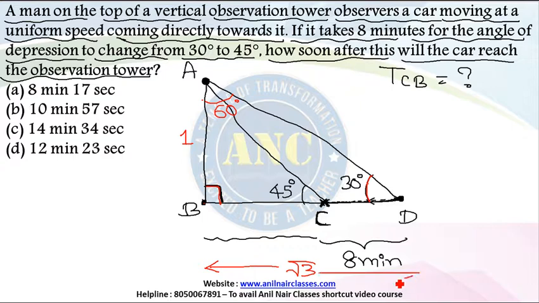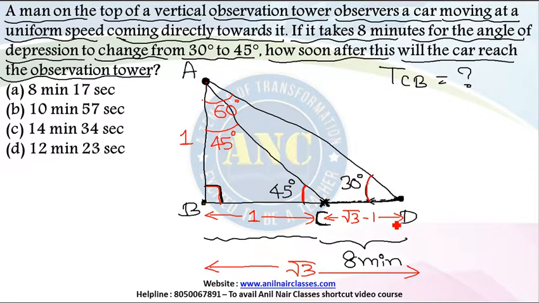Similarly, in this triangle ABC, opposite to 45, it will also be 1 unit. That means the entire BD is root 3. This value is 1, so the CD value is, out of total root 3, remove that 1. CD value is root 3 minus 1.